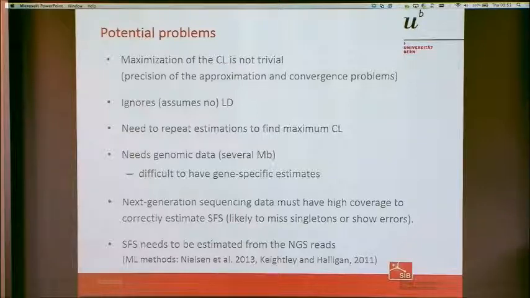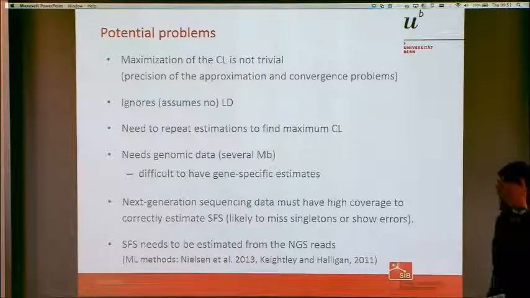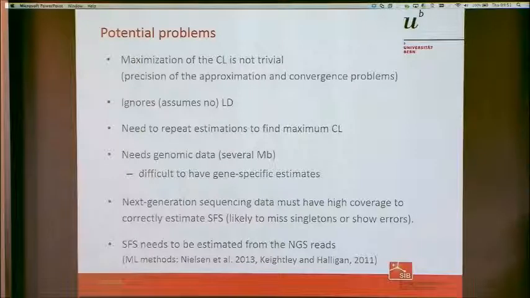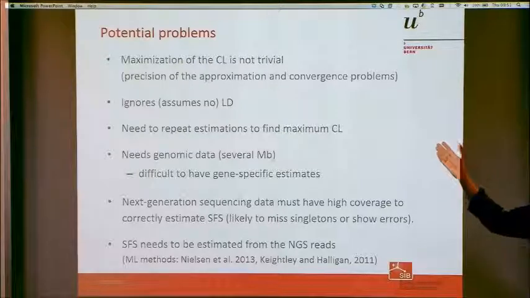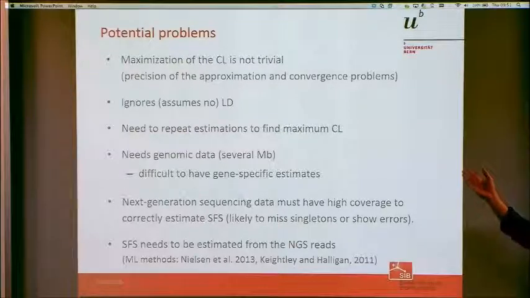So this seems all good, but still there are some problems related to the use of this site-frequency spectrum. One of the problems is this: we can get some likelihood, but to maximize this likelihood is not always very trivial. This has to do with different problems, and I'll mention a few of them. Sometimes the approximation that is used is not optimal, and sometimes we can have some kind of convergence problem to get to the global optimum.